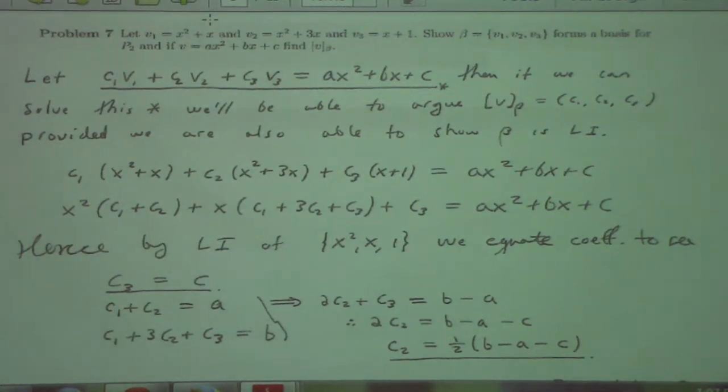In contrast to the earlier problem of the quiz, you can't just slap these things in a matrix and invert them, right? There's no trick formula here like phi beta of b equals beta inverse of b. You just have to work it out.